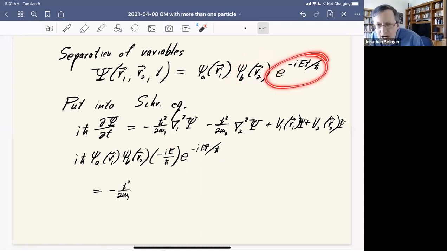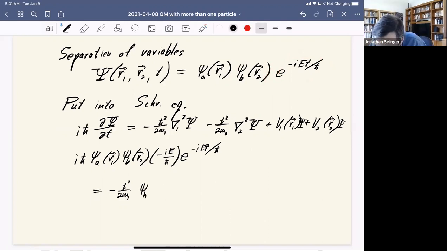It doesn't care about time. So the psi b function factors out, and the complex exponential factors out. So psi b of R2 factors out, the e to the minus i e t over h bar factors out. And then we need the Laplacian with respect to the coordinates of particle 1 of psi a.